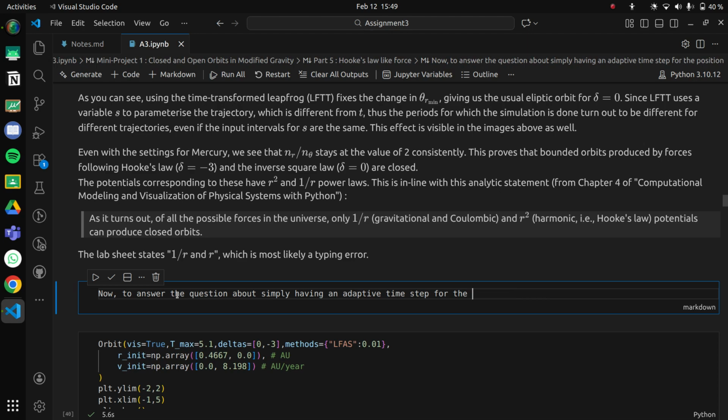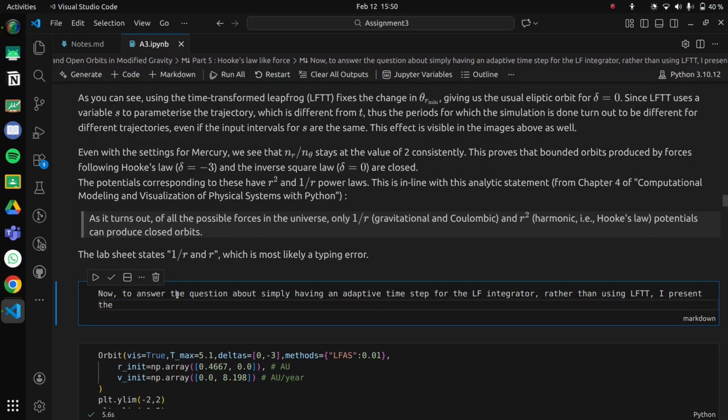I'm just gonna say for the leapfrog integrator, rather than using leapfrog time transform, I present the output of, I guess, leapfrog adaptive step, or LFAS for short, integrated.